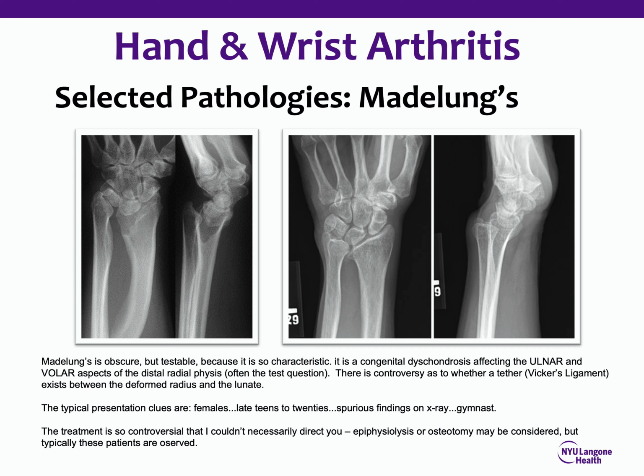This is Madelung's. Believe it or not, it's usually discovered incidentally, in another X-ray, or when a typically 20-year-old female would be the history, comes into the office with vague wrist pain. This is why you always get X-rays, as with Kienböck's.